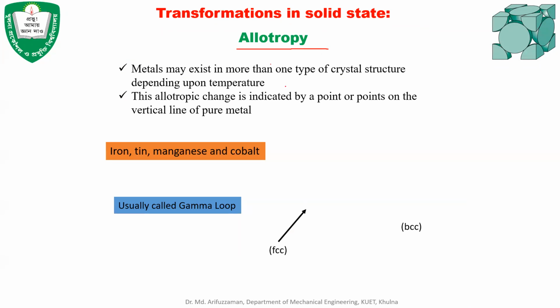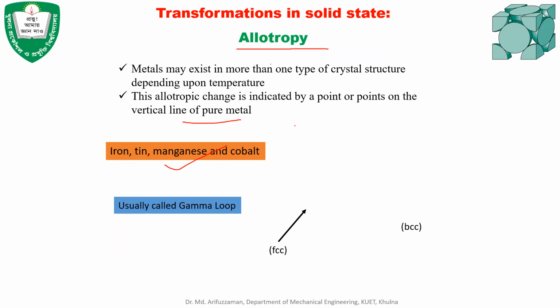That means if a metal can remain in different types of crystal structure, for example FCC or BCC structure, with the temperature the structure can be changed, and that can be indicated by a point in the vertical line of the pure metal. Okay, and iron, tin, manganese, cobalt, these materials actually show this kind of allotropy.